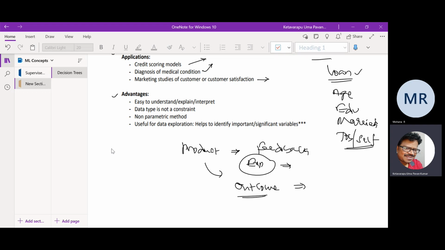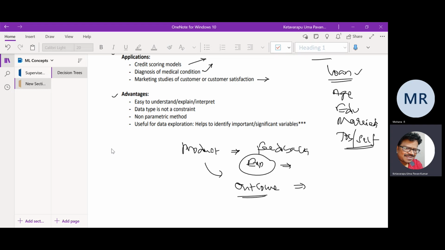What is the benefit of electing this decision tree? Because that probably gives us the confidence. Though we have seen applications, still our interest is in what way, if I'm implementing these applications with the decision tree, what would be the benefit to me?